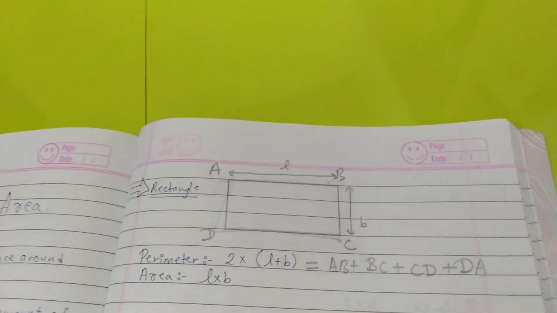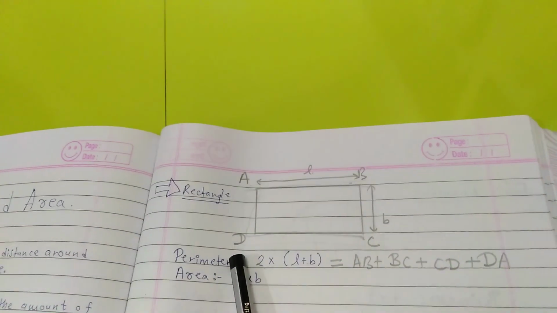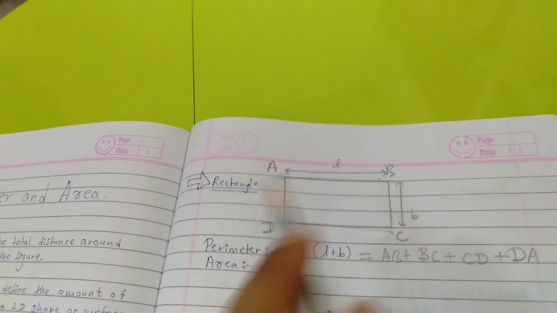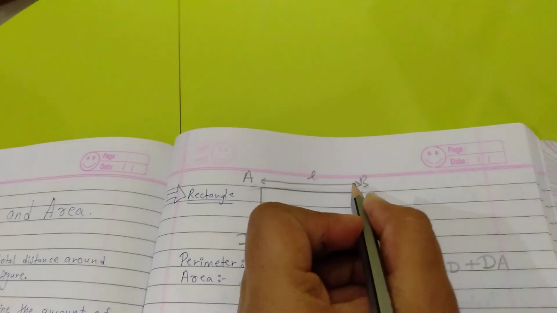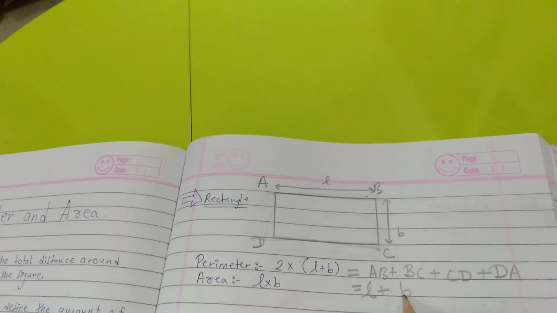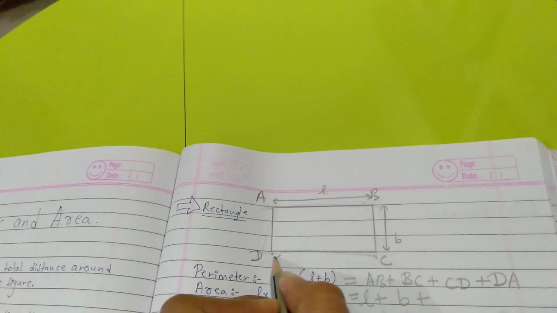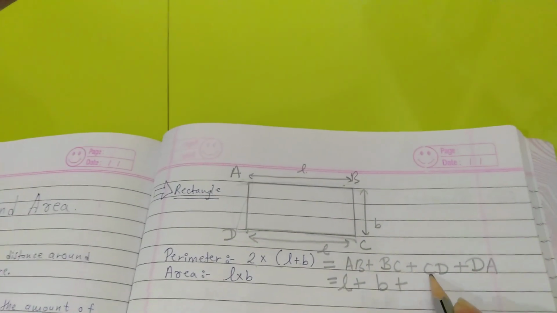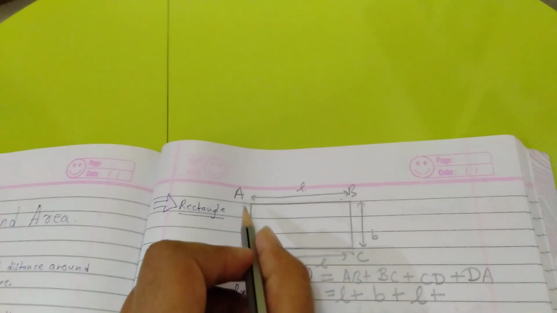So we have traveled from A to B, B to C, C to D, and again from D to A. So we will write the lengths: AB is L plus BC is breadth B, then CD is again the same length L, and DA is again breadth.